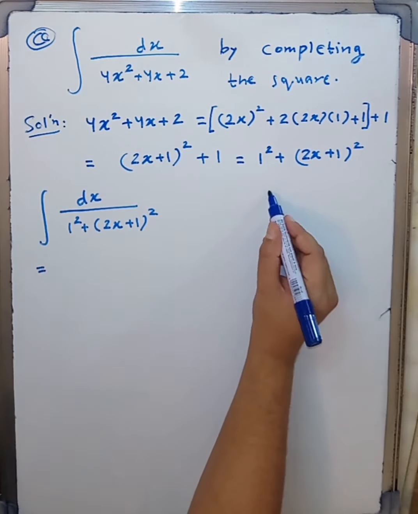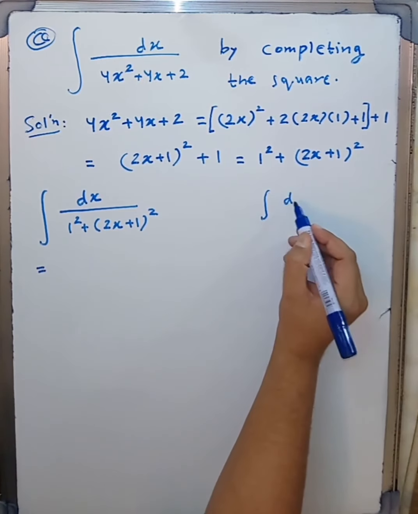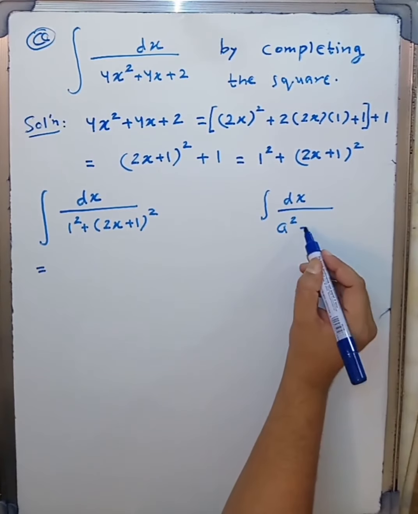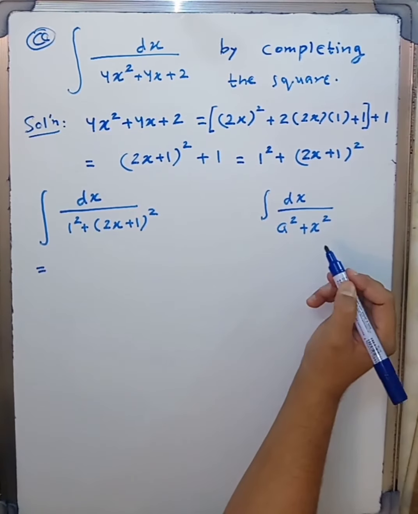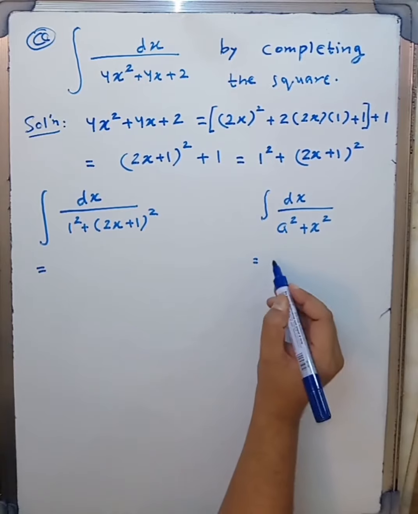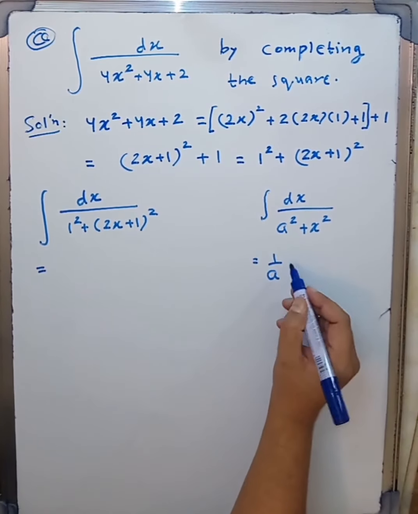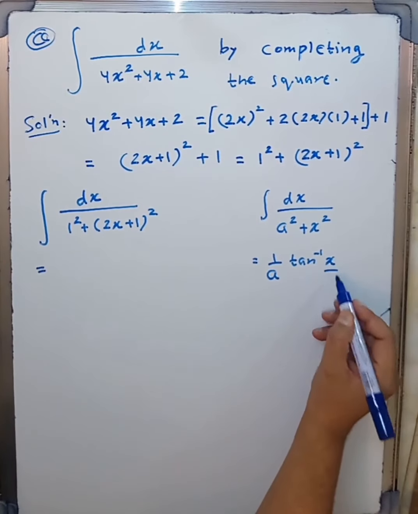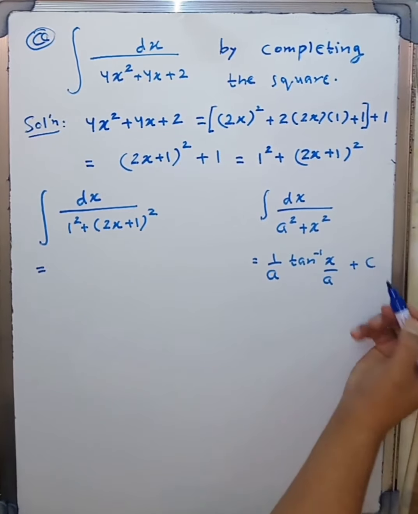Formula number 2 is integral dx over a square plus x square, and this gives us 1 by a tan inverse x by a plus constant of integration.